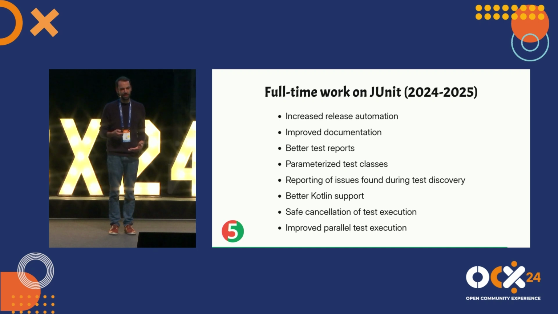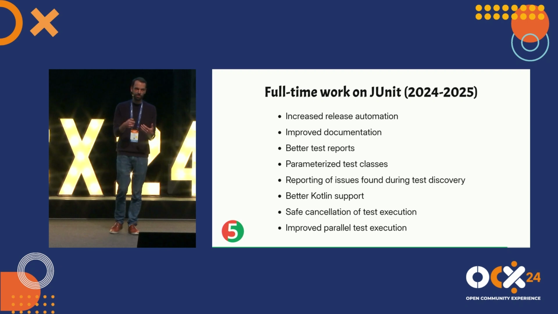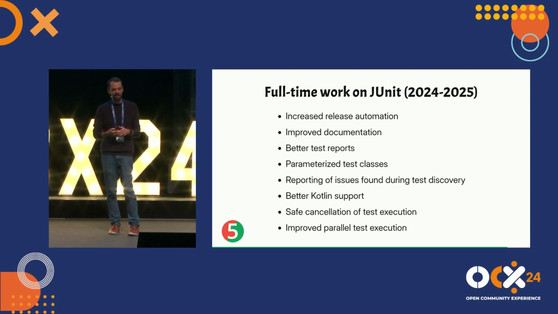Better test reporting, but also new features like parameterized test classes, because those allow downstream projects to write more effective tests, like TCKs, for example. Also better Kotlin support, because JUnit is also used for Kotlin projects, and getting them to use JUnit in a better way is important to us.